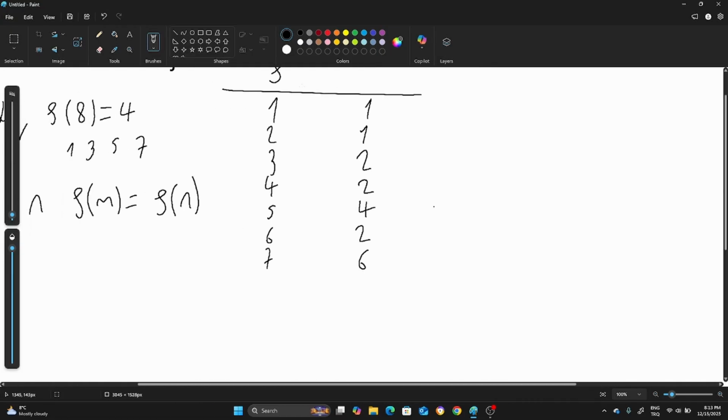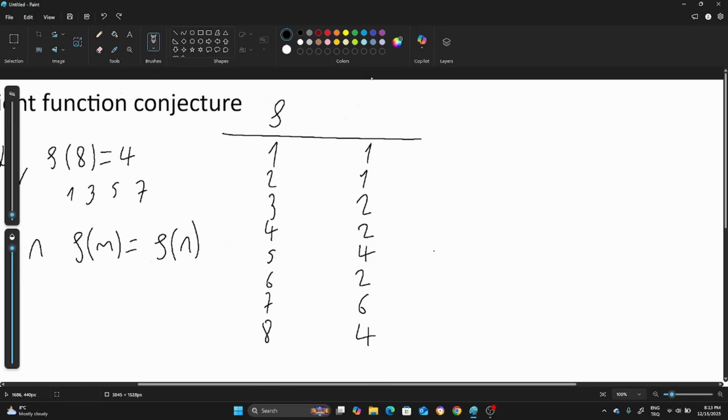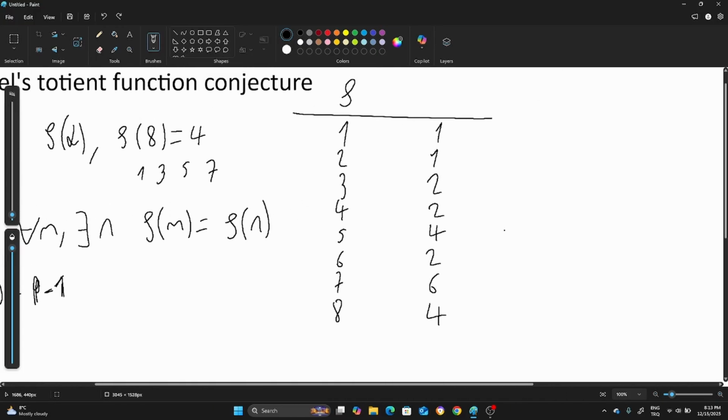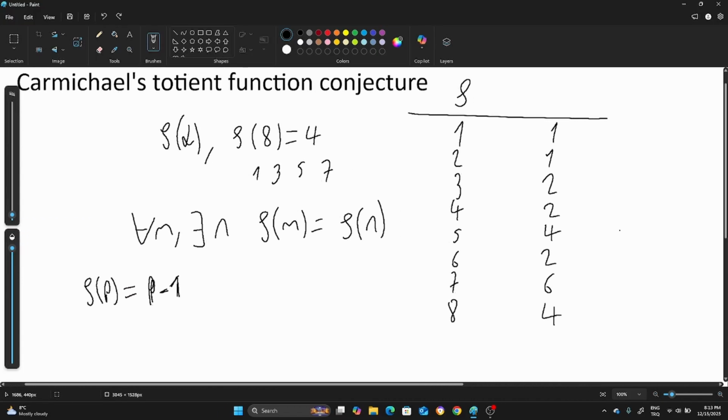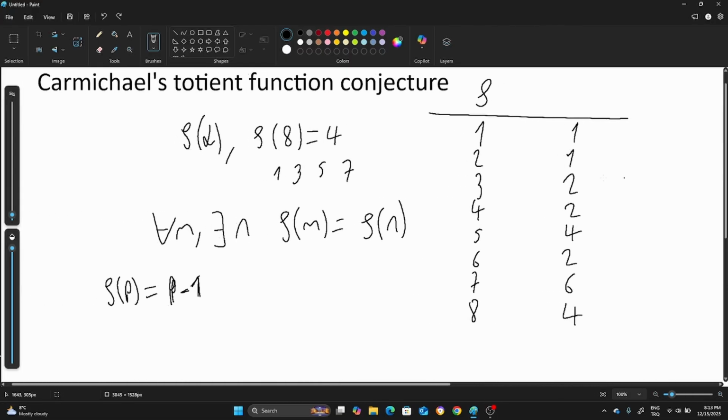And we can obviously see that we have pairs. We don't have any pairs for 4 and 6 yet, but if we write more values, 8, 4, see, these two pair up, and somewhere 6 is also going to pair up with some value. And there is one formula to find the totient of a value.